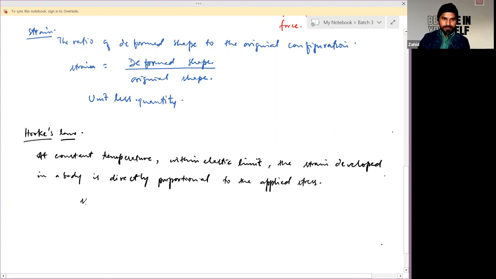So stress and strain are directly proportional to each other.